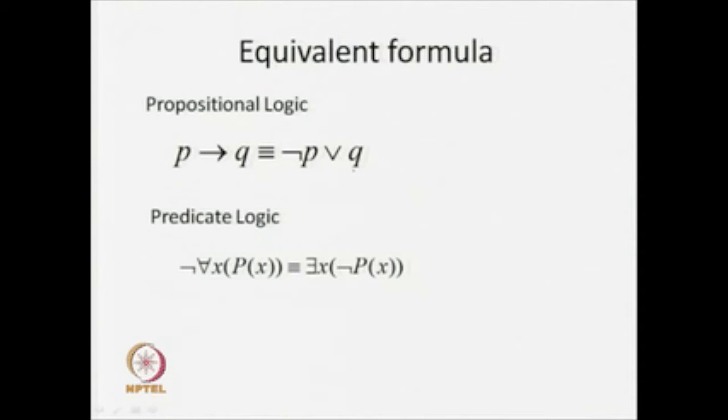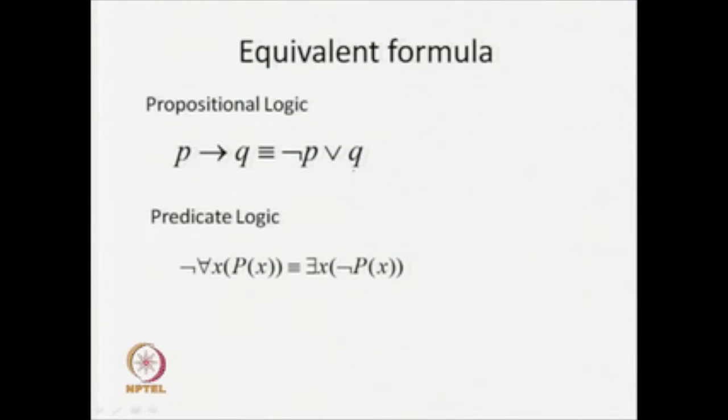It says that for the same assignment of truth values for P and Q, both these formulas will give me the same truth values. If one gives me true, then the second one will also give me true. If one gives me false, then the second one will also give me false. So, it should hold for all possible assignments for P and Q.